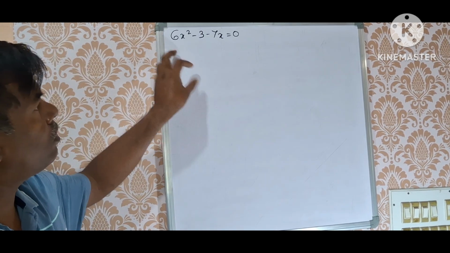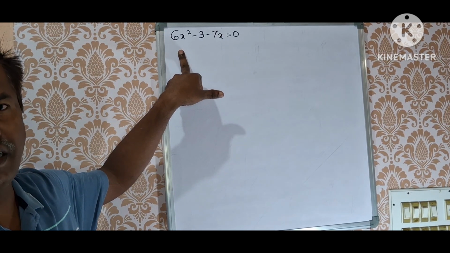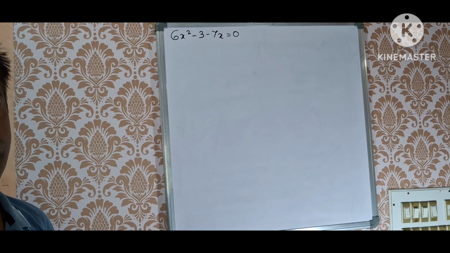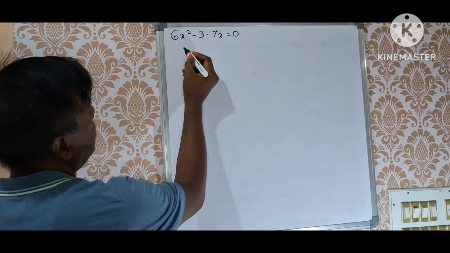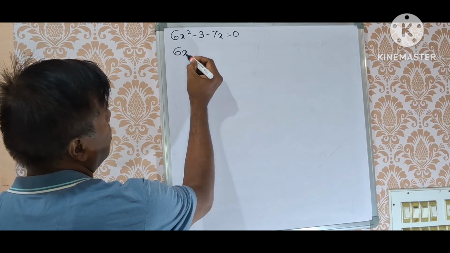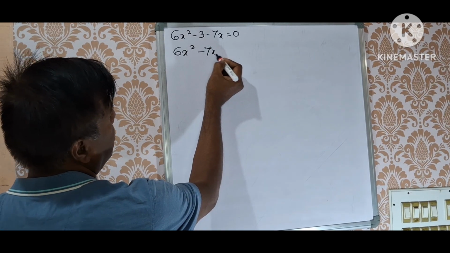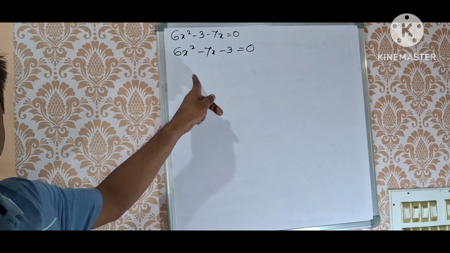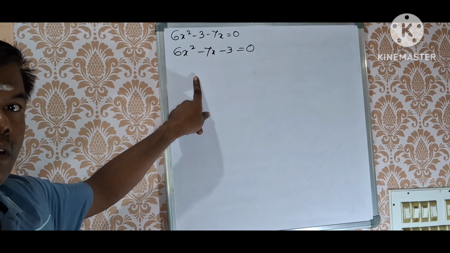Find the zeros of this quadratic polynomial and verify the relationship with the coefficients. Now write the given equation in proper form. First x square, next x, next constant term. Compare this given equation with the standard form of quadratic equation.